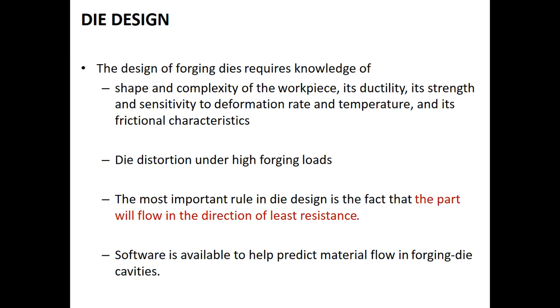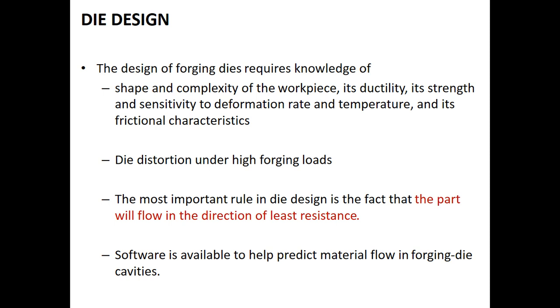If you talk about the die design, the first step in the design of forging die is the decision regarding what stages are necessary for achieving the required shape and strength for the forging.